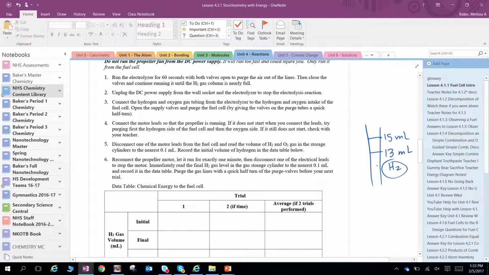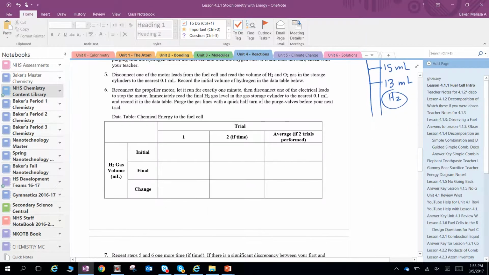Well, that must mean that it used up 2 milliliters of gas in that process. So I'm going to record that data here. Originally we had 15.0 milliliters, and after the propeller runs for 1 minute, we notice that 2 milliliters of the hydrogen gas are used up.